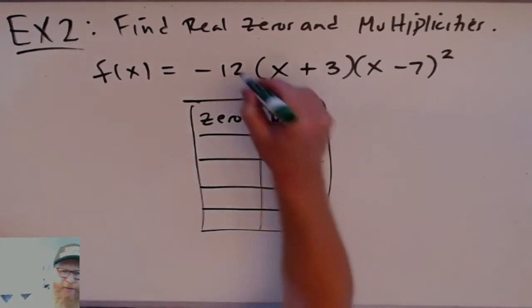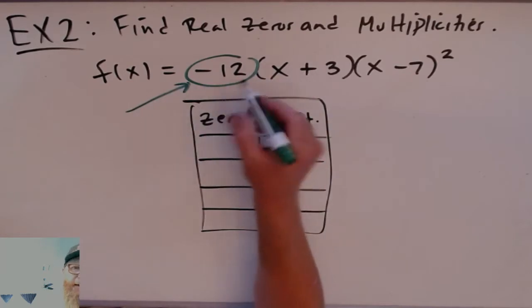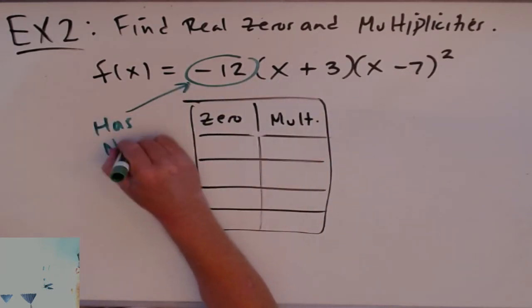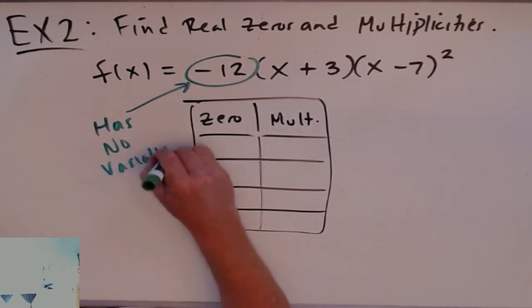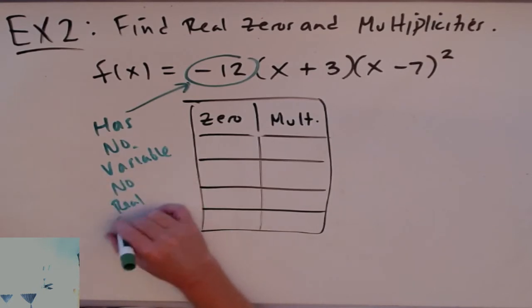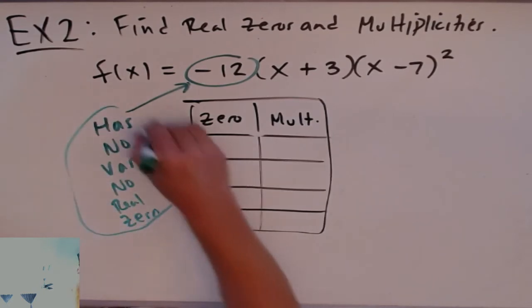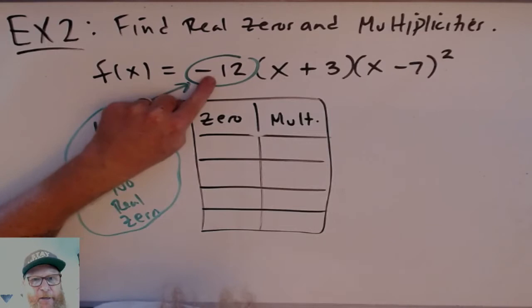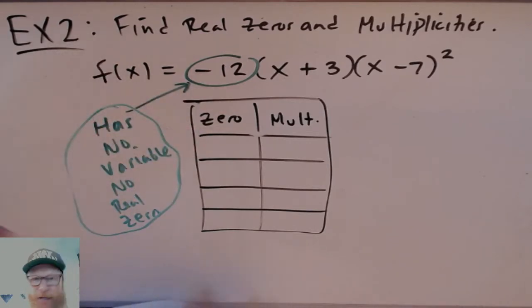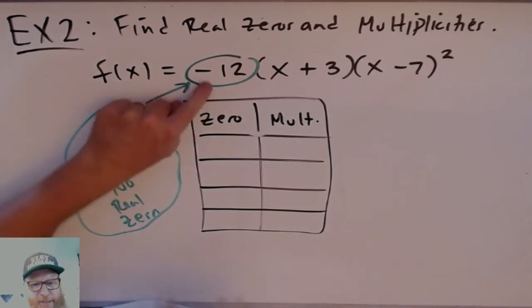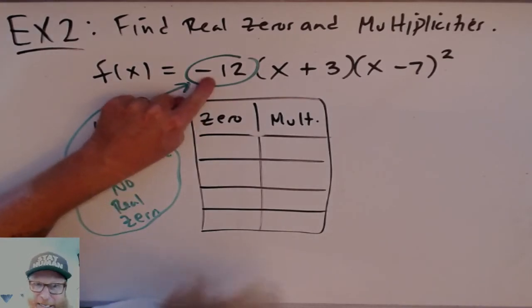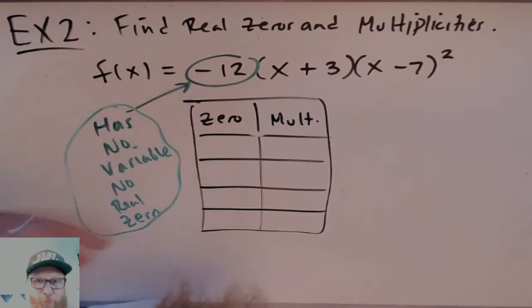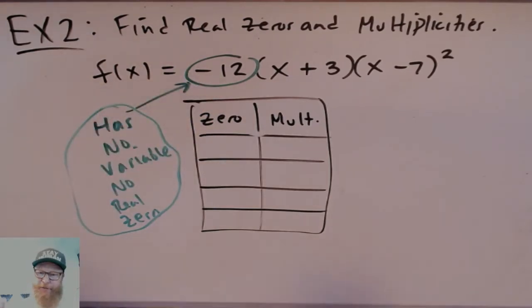Negative 12 has no x, so there's no real zero. Very important. I can't tell you how many times people practice, and they think they got it down, and then they look at that and go, oh, the opposite of negative 12 is 12. Well, that philosophy doesn't work. This doesn't have a variable, so that is never going to be 0. That term will always be negative 12.